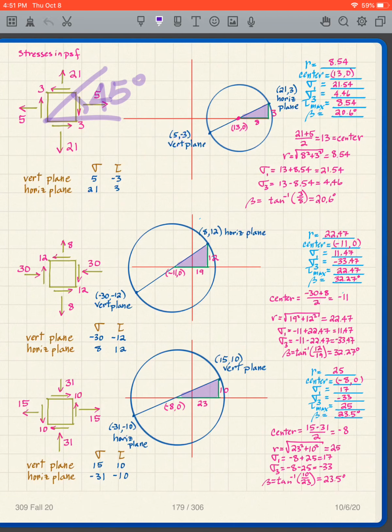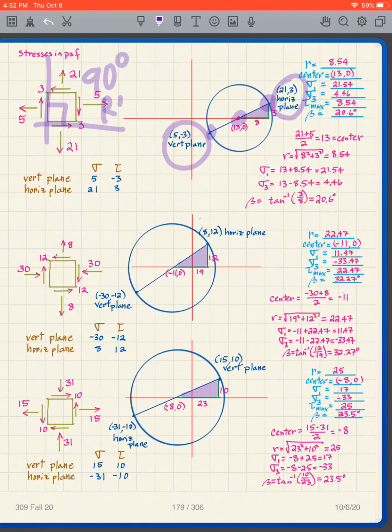Now, let's think about it for a second as to why this might be. It comes down to, you can see it here, we're going to be measuring angles from the center of the Mohr circle. And here, clearly, that's the horizontal plane. This is the vertical plane. Now, in the real world, the horizontal plane and the vertical plane are separated by 90 degrees.